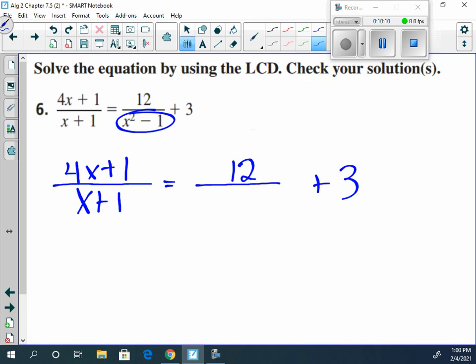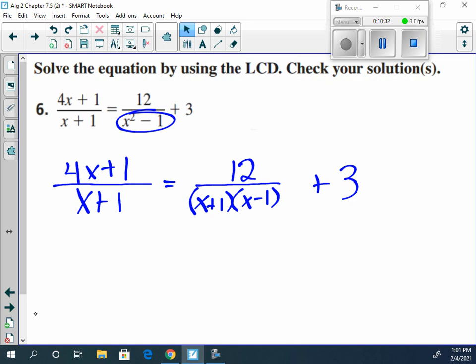Yeah, it's a difference of perfect squares. And because it is factorable, we do need to factor it. And if I factor x squared minus 1, what do I get? x plus 1 and x minus 1.